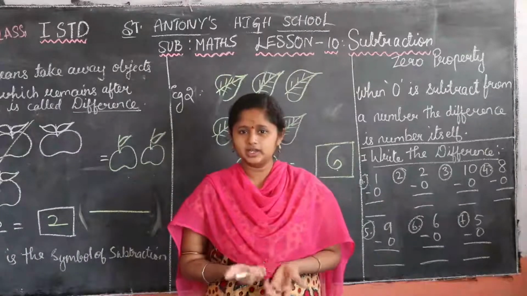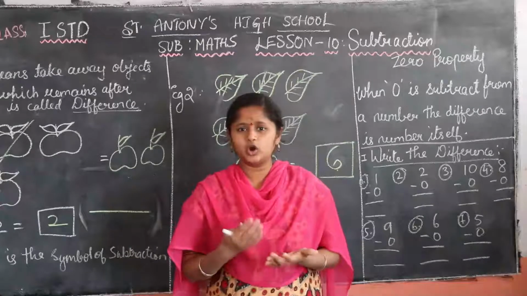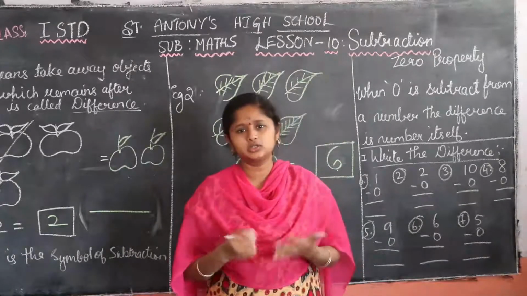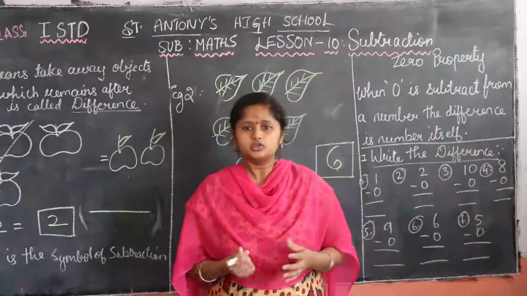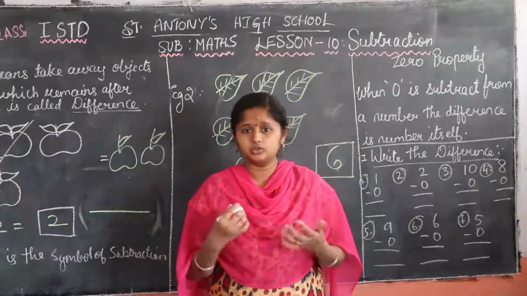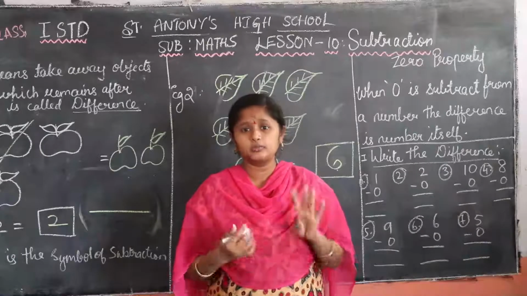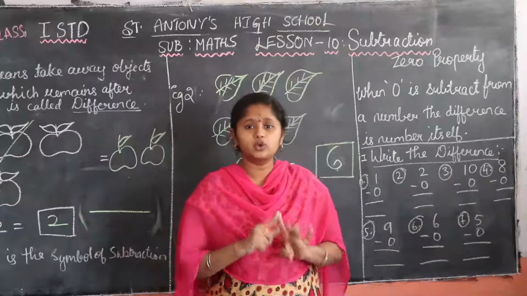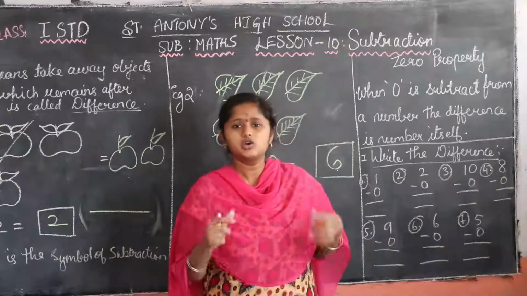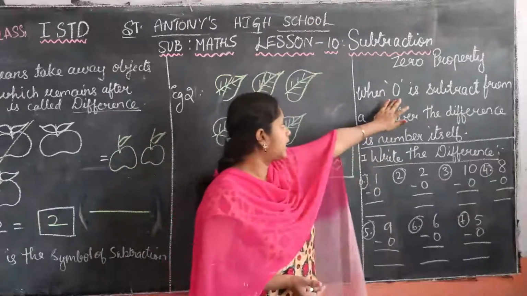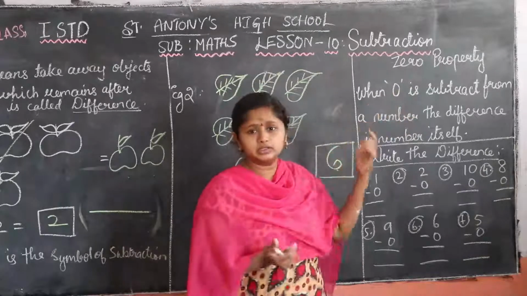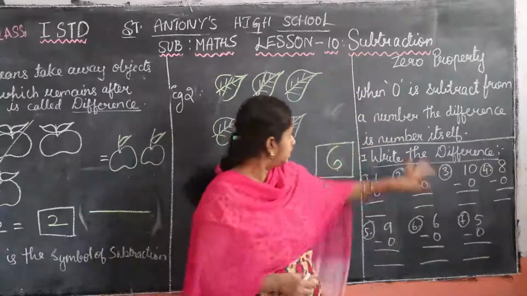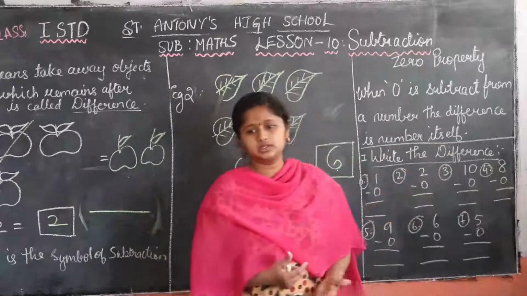I didn't eat anything. So if you didn't eat those 4 dosas, how many are left? 4 dosas are left. That is 4 minus 0 is 4. When you subtract 0 from any number, the number will be itself.